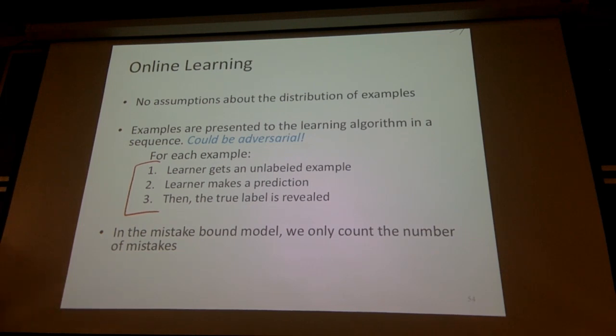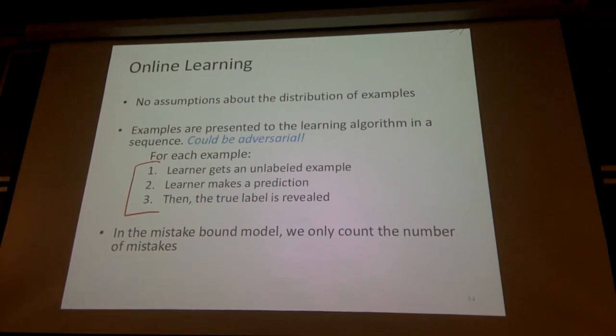Now we came across this modality for learning in our attempt to quantify what it means to learn. A simple framework that we have is called the mistake-bound model. In the mistake-bound model, these three or four steps happen infinitely over time, and the learner keeps track of the number of mistakes it has made.